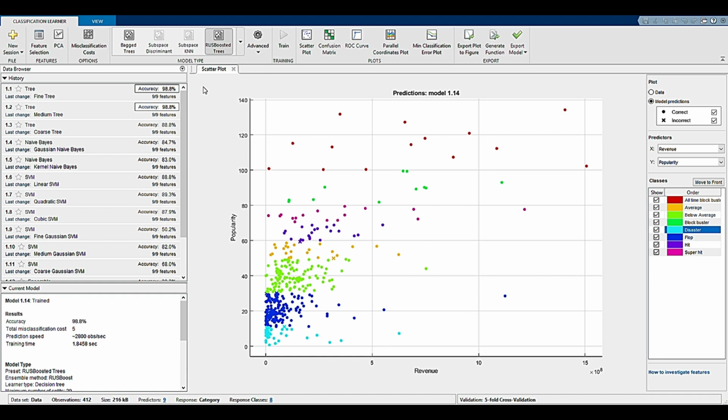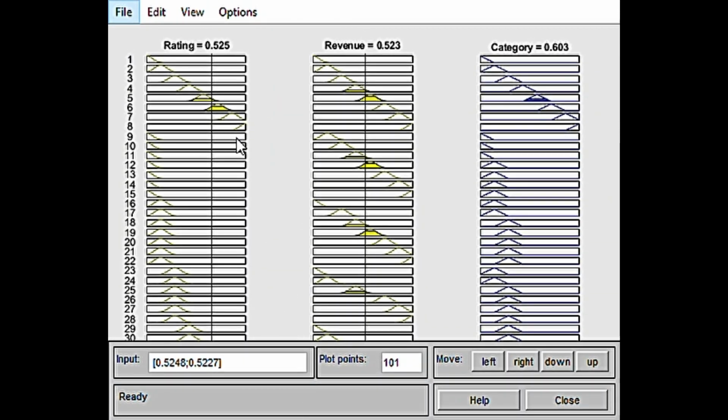We train the data and we can see that our accuracy is 98.5. It's quite accurate. Okay, for the simulation, we try a rating of 0.5 and revenue of 0.7.